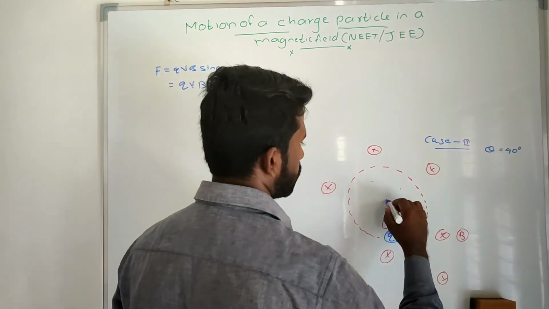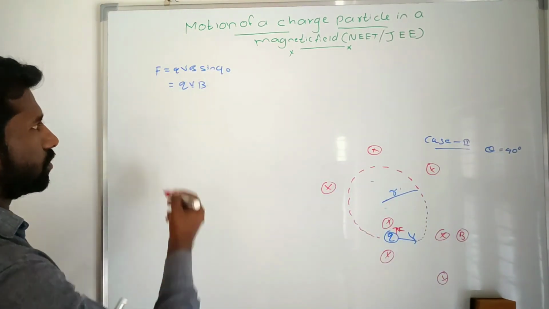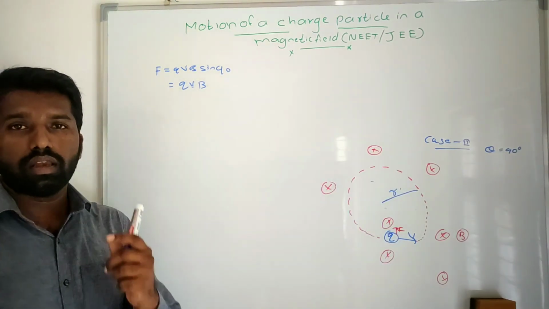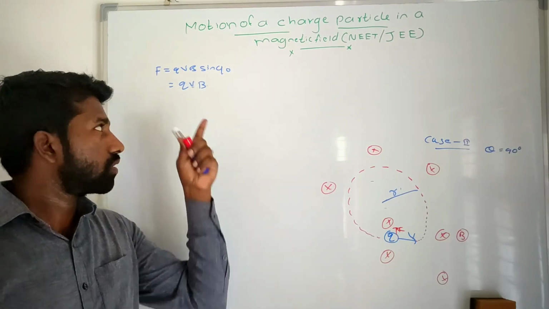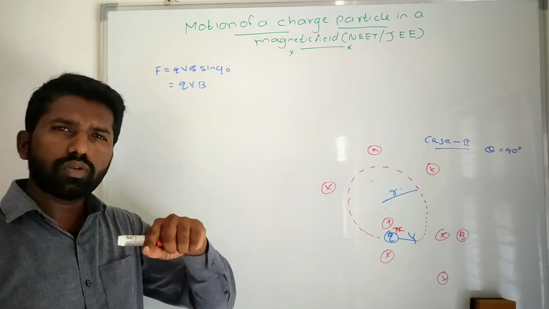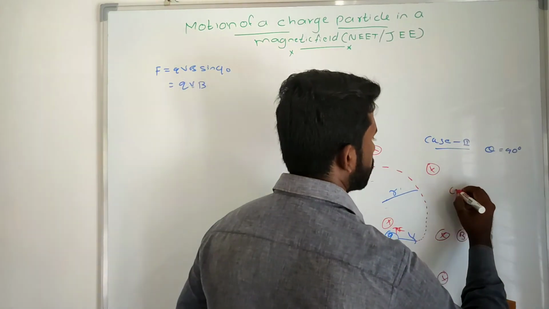So what is the radius of the circular path, we have to see. If a charged particle moves in a magnetic field, it will experience a force QVB, that is if it is perpendicular. So anything that moves in a circular path, this path is a circular path.